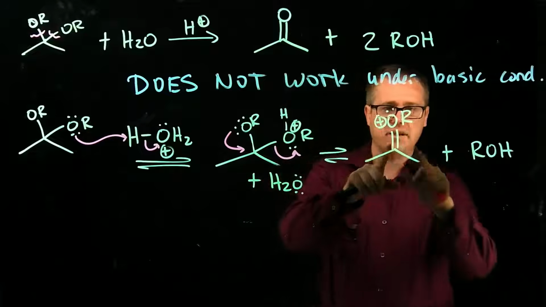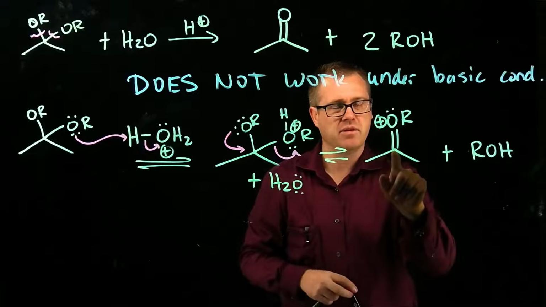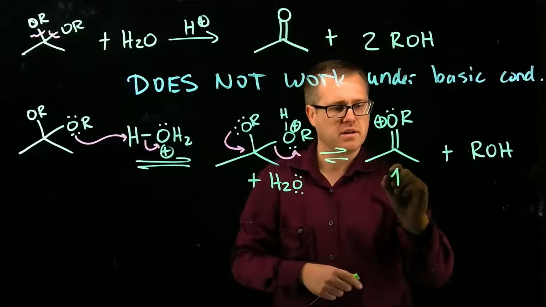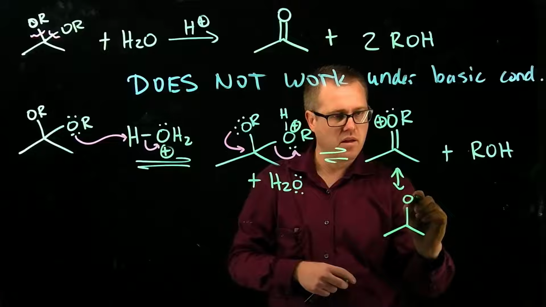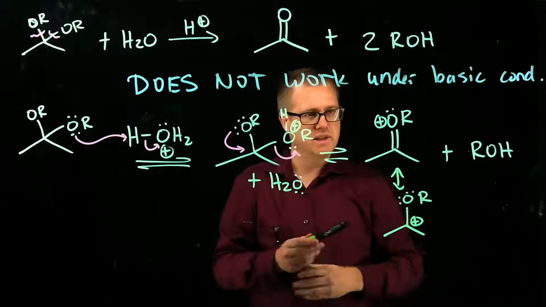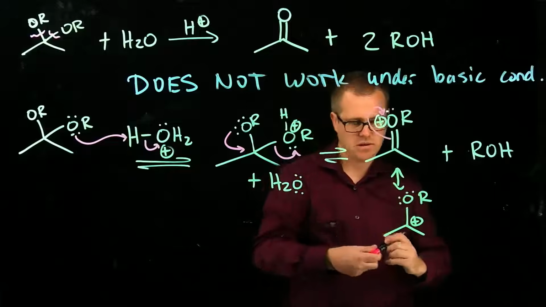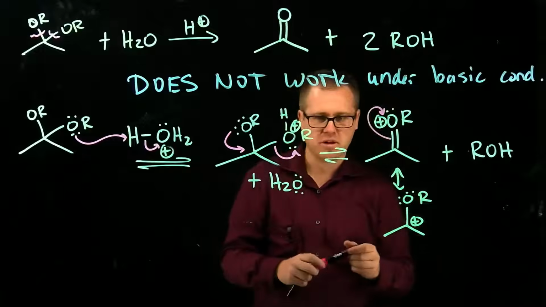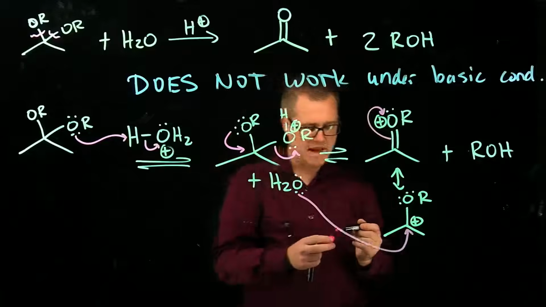So we can also see a resonance structure here that this carbon right here is going to be electron poor. So if we draw a resonance structure, do we see that resonance structure? So now we have a carbon that is electron poor, so the water is going to then come in and attack.